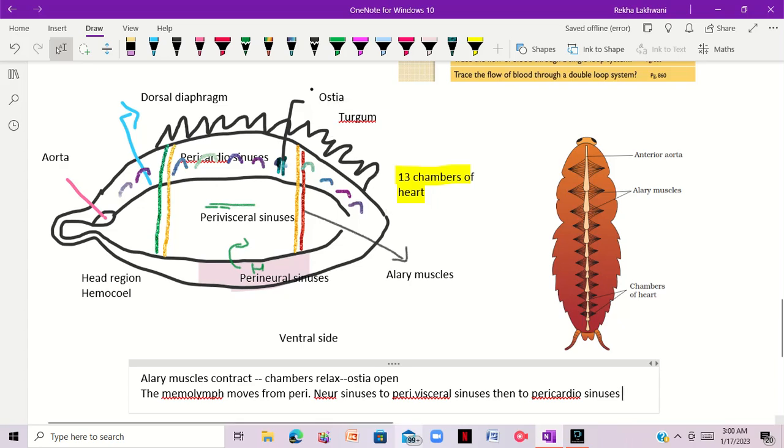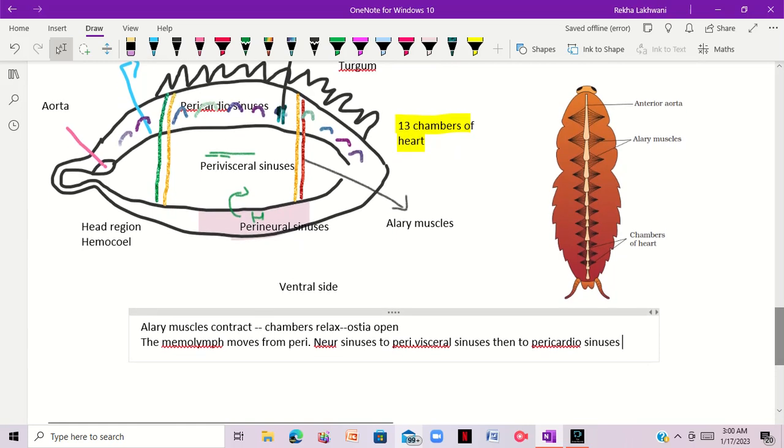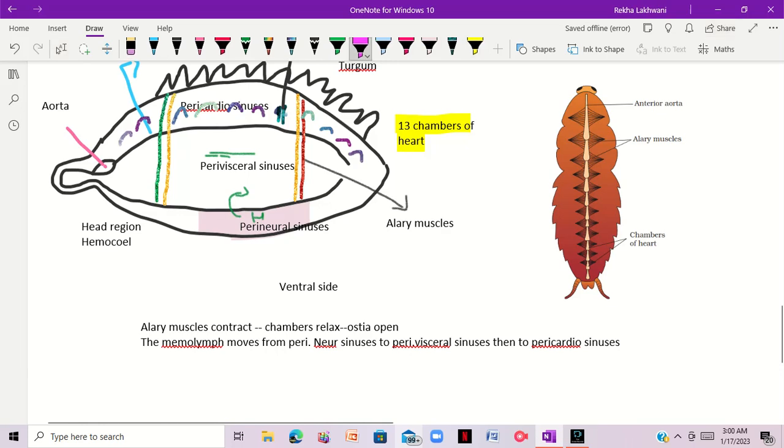So this is how it happens. Now you can see over here the hemolymph is present. Here it is filled with hemolymph. Consider this.